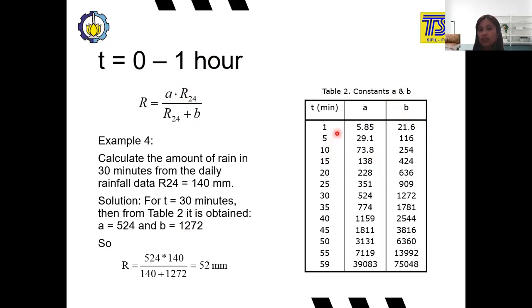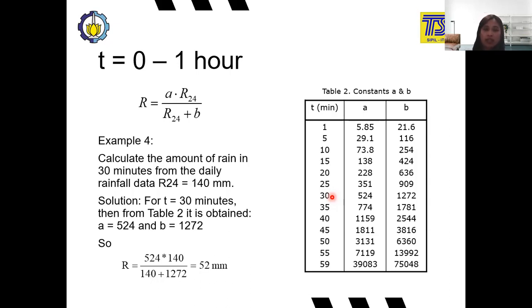But if the time duration of the rain does not match your problem, like here we got the amount of rain in 30 minutes, but how if we got the amount of rain in 31 minutes? Yeah, you have to interpolate it yourself. So here we have the 30 minutes, constant A of 124, and constant B of 1272.